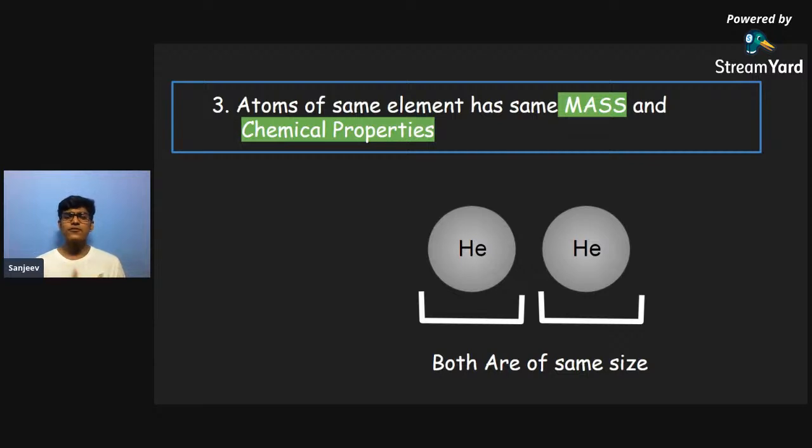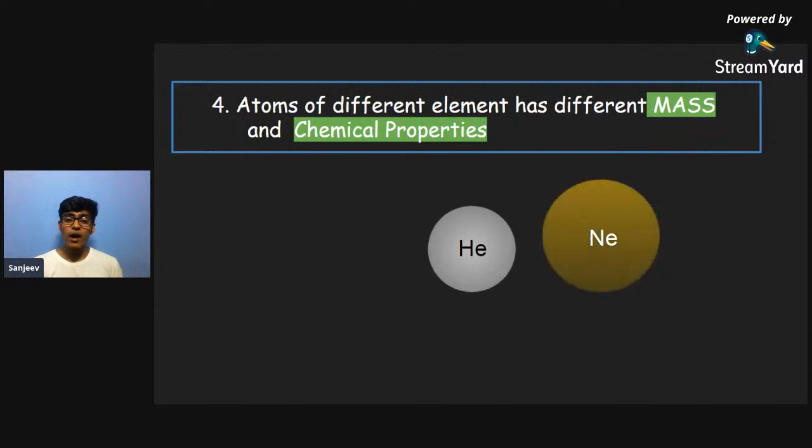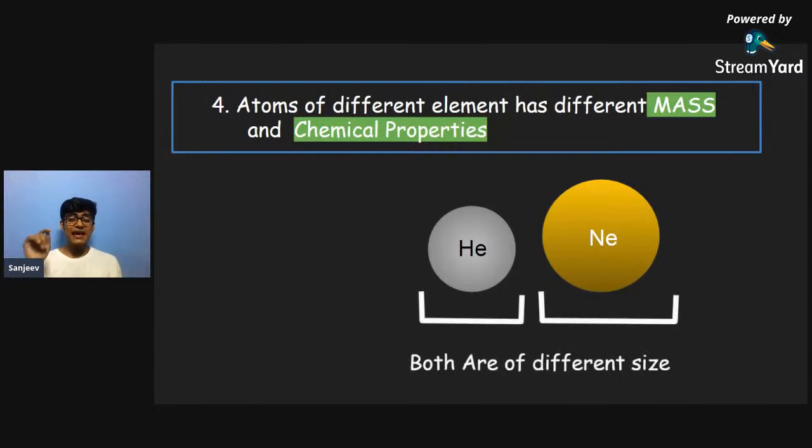But in place of two similar helium atoms, if I take one helium atom and one neon atom, they both are different elements, they both are different atoms, remember. So they will have different mass and chemical property. This was stated by Dalton. As we can see, they both have different size.